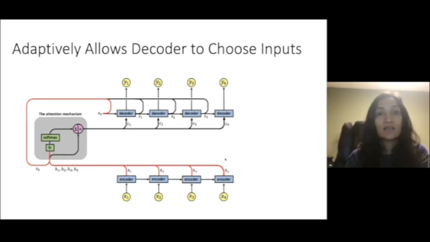And this is why a newer mechanism called attention was invented. Attention is a way of exposing all of the previous states of such a recurrent neural network. So hidden state 1, which is forwarding to state 2, to 3, to 4.